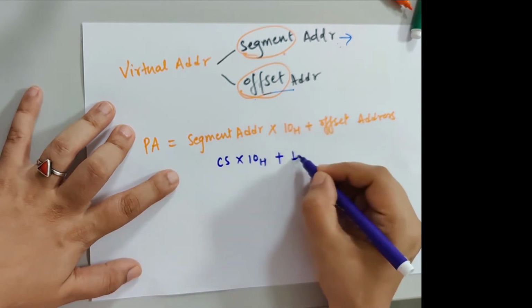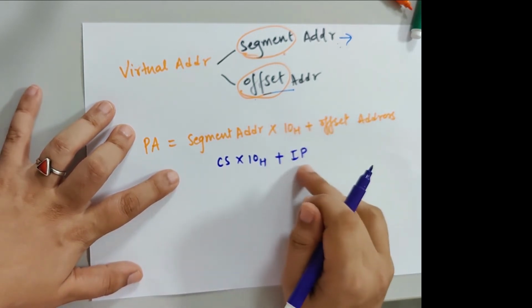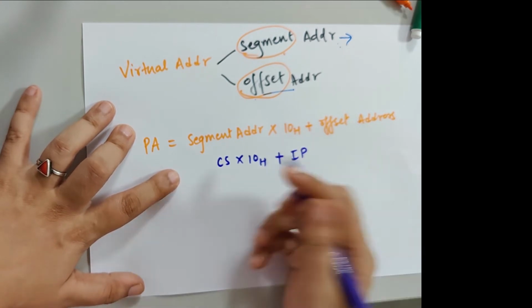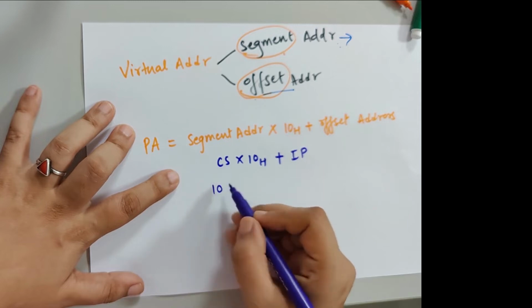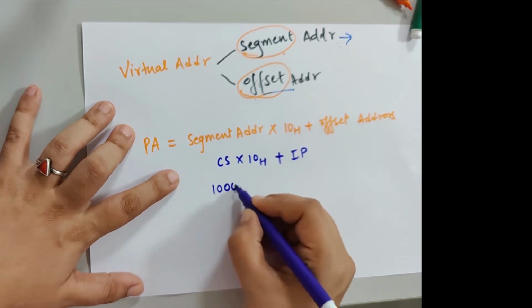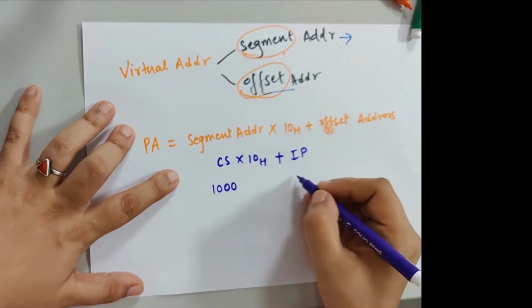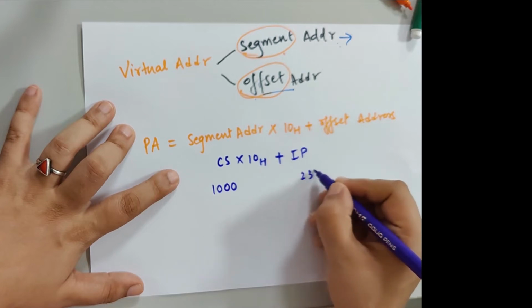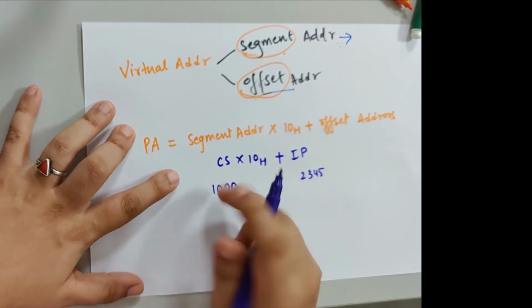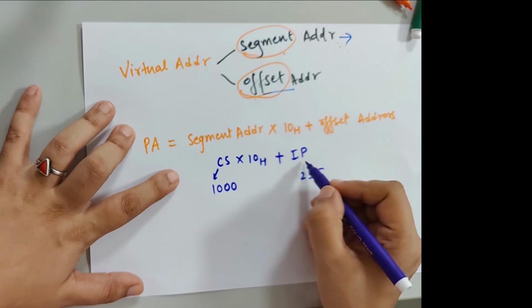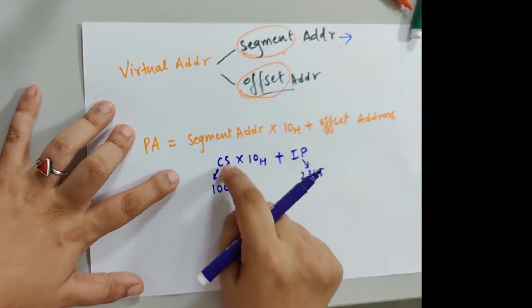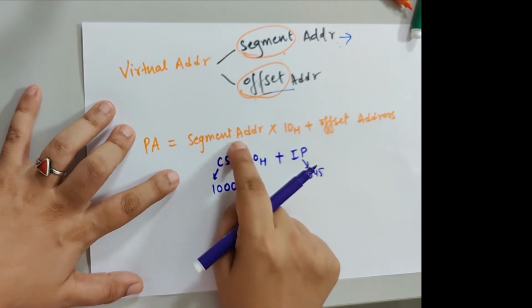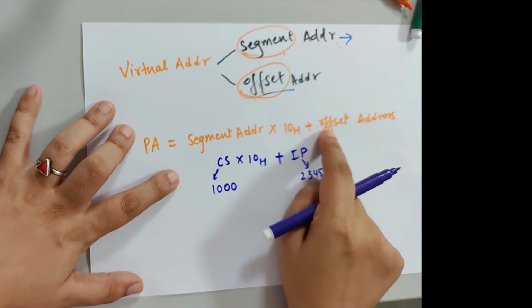For the code segment, the offset register is IP, instruction pointer. Suppose in the CS register we have the value 1000, and in the IP, let's say we have the value 2345. So CS register has the segment address, and IP register has the offset address.